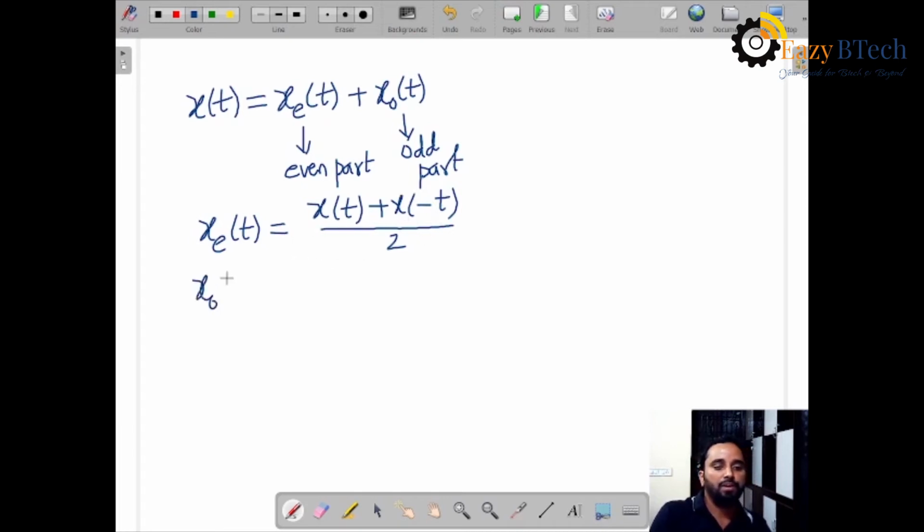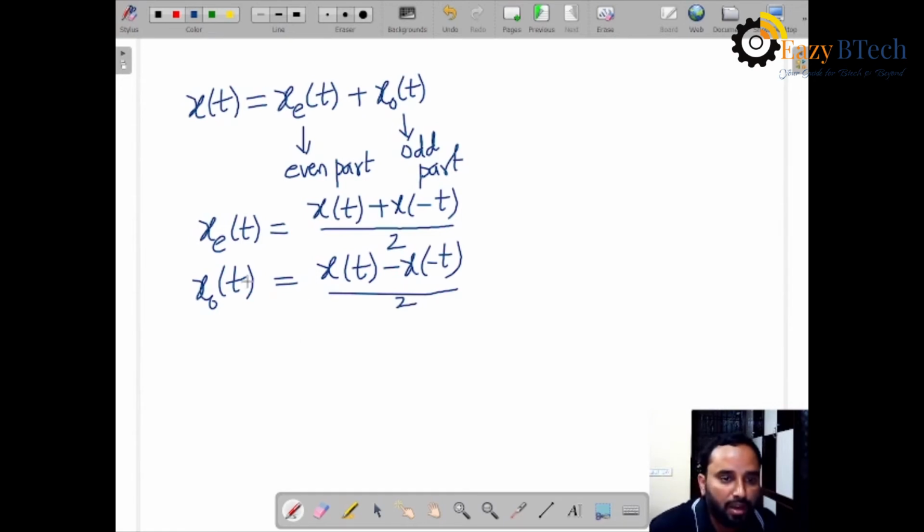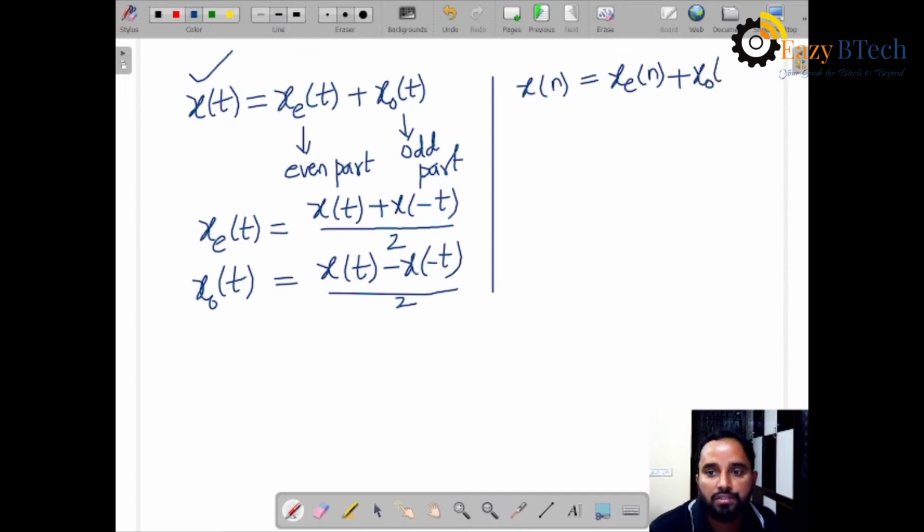To get the odd part of the signal, x of t minus x of minus t by 2. Okay, and if you add these two, the even part and odd part, we get the actual signal x of t. In a similar way, we can do this for discrete time signals also. For a discrete time signal x of n, we can write the even part and odd part.